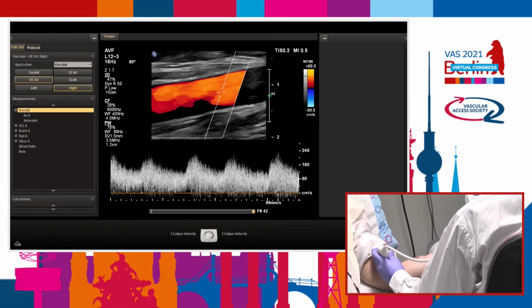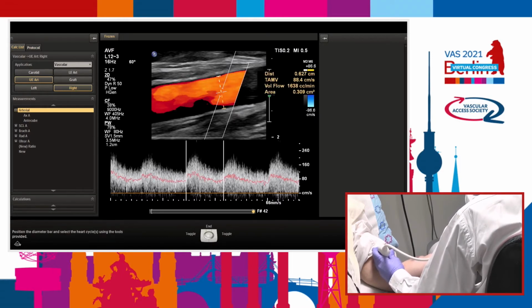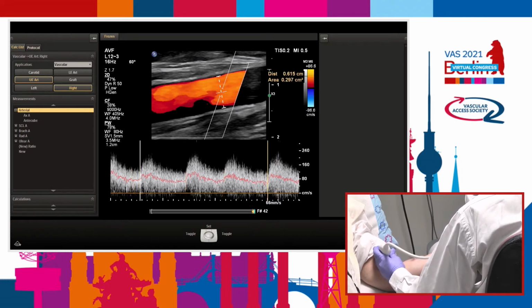Now it's so simple to measure flow here. It's just fantastic with this machine. You just measure the diameter of the artery. You can take one heart cycle like in this frame, or you can take several heart cycles, and you can see that the flow is about 1400 milliliters per minute.